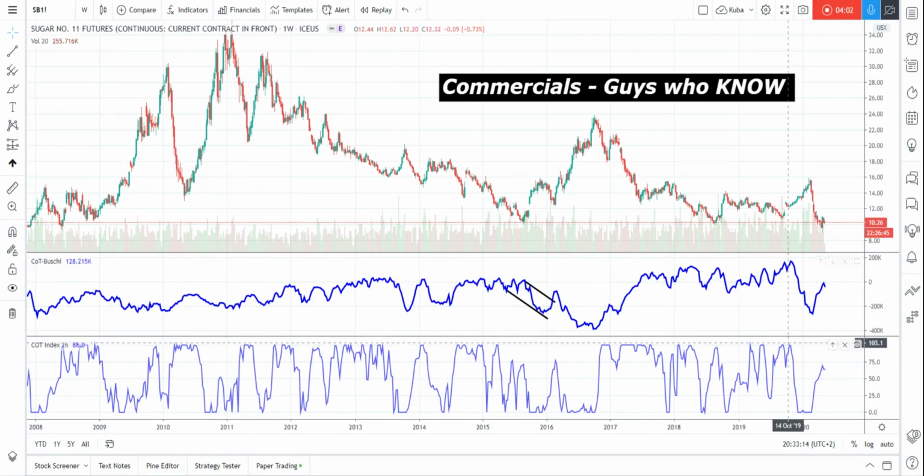But if you look here, it's very difficult to see some major points. So it's much better for beginners to use the index with some period, for example, 26 or 13. It depends. Some commodities use 13, some commodities use 26, but you can start with 26, it's good.